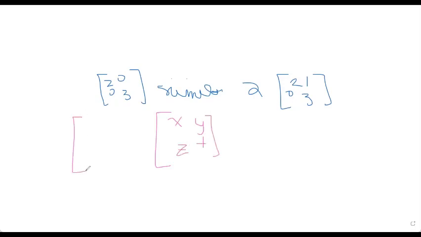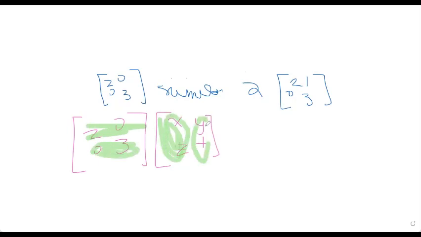So let's multiply 2, 0, 0, 3. You have to think about it like this, like we're used to.